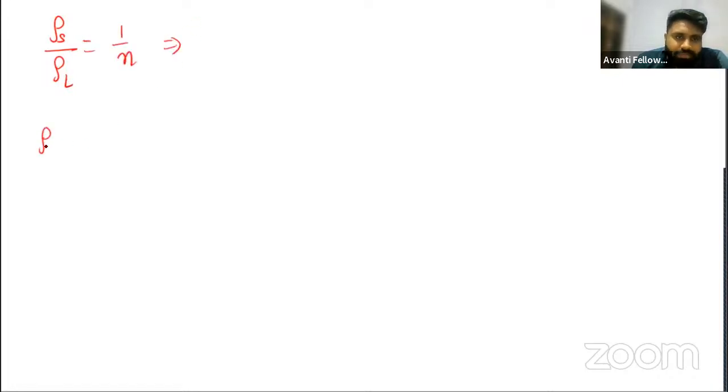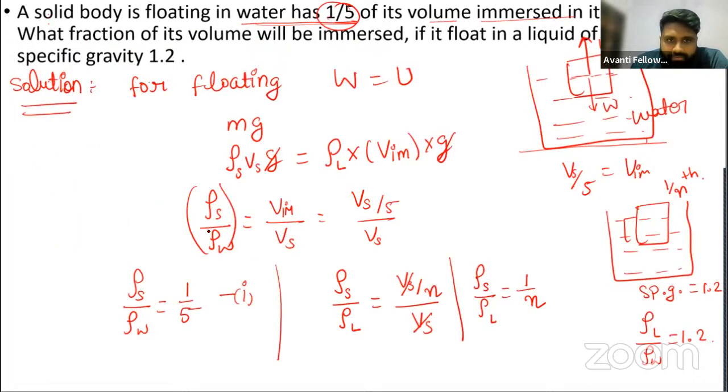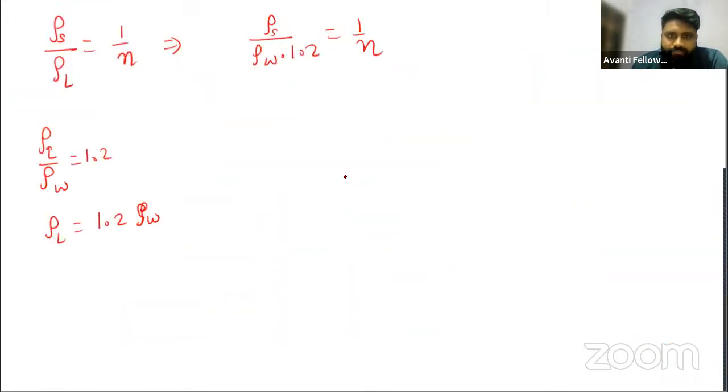Now, it is given that specific gravity of that liquid is 1.2. So it is nothing but rho of liquid with respect to water is 1.2. So rho L we can replace by 1.2 into rho of water. Rho of solid divided by rho of water into 1.2 is equals to 1 by n. Now, rho of solid divided by rho of water is nothing but 1 by 5.